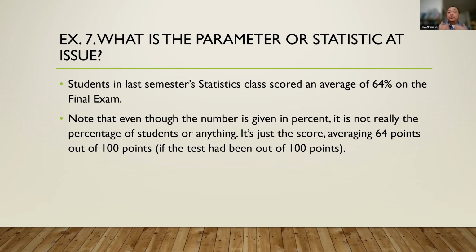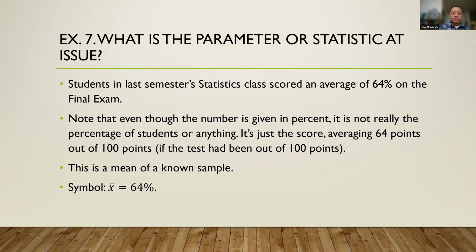We're talking about the score of 64 out of 100 if the test had been out of 100 points. We're looking at the average. Matter of fact, the word average appears in the question to help you out. So we're talking about a mean, and it's a sample mean because these are students that already took last semester's statistics class and someone already computed the mean of 64%. So the symbol is x bar is equal to 64%.